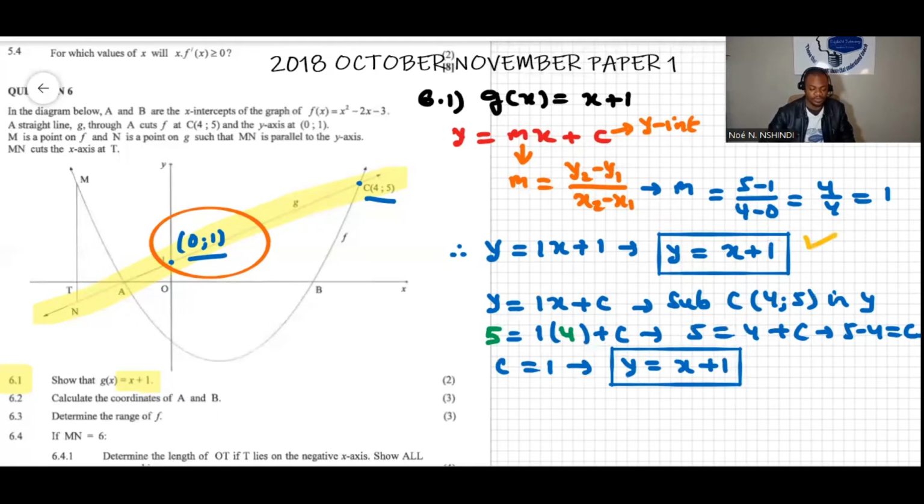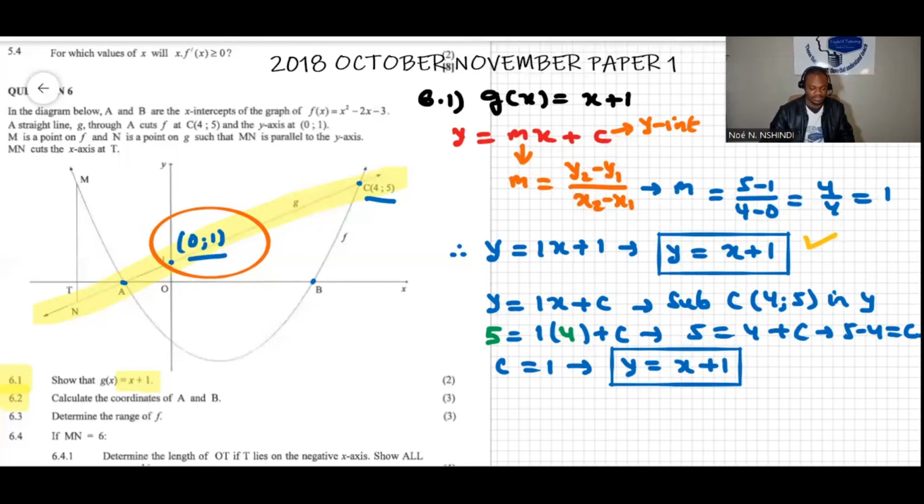Now, the following question is question 6.2. The question says calculate the coordinates of A and B. So let's see. A is the point here, and B is another point there. Both are the x-intercepts of the parabola of f of x.